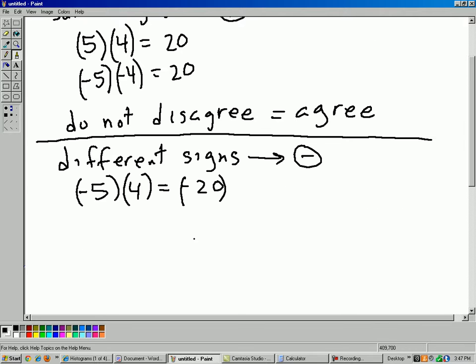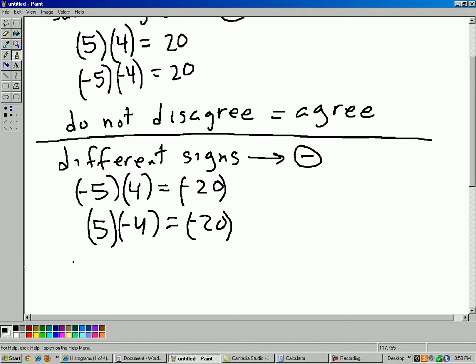And in reverse, if you have positive 5 times negative 4, this also is negative 20 as well. Okay, negative 20.